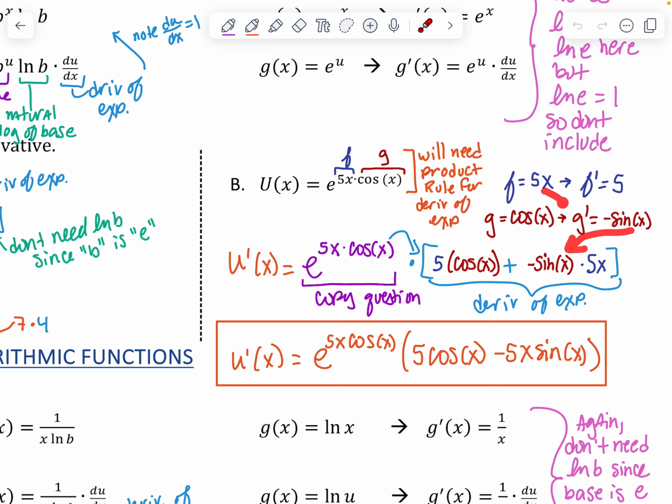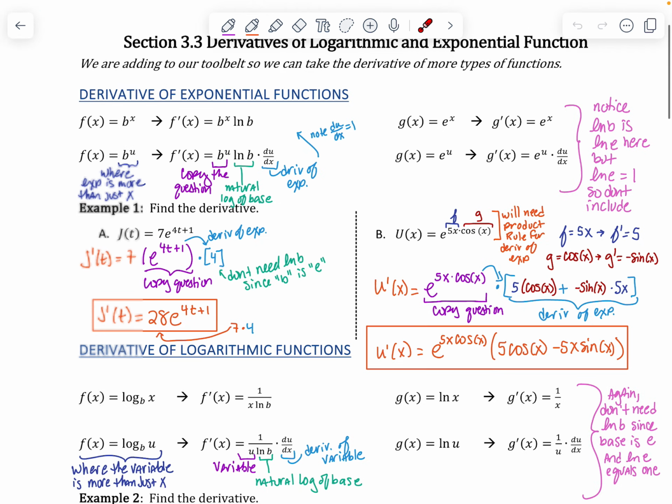So our g prime and our f are put on the right side of the plus sign. Nothing to simplify with the exponential piece, but in terms of the right side, we do tend to put the 5x in front of trigonometric functions, and we don't really want to write plus a minus sign, so we just wrote minus. Notice these parentheses are crucial so that the exponent is technically multiplied with both terms of the product rule.